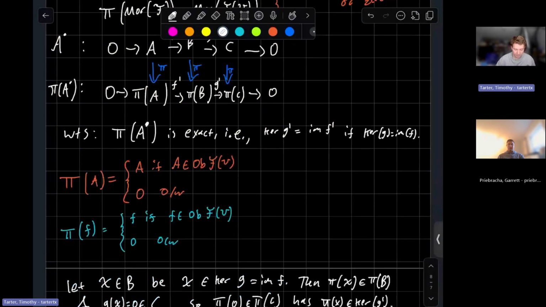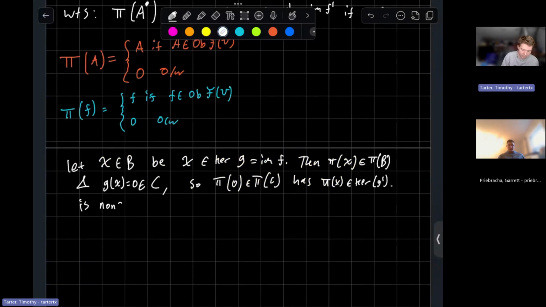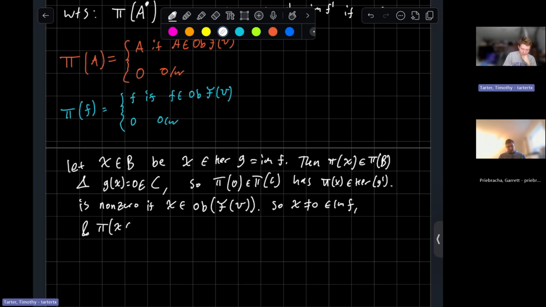So π of X in the kernel of G prime is non-zero if X is in ob F over U. So X is not equal to 0 in the image of F, and π of X is in im F prime.